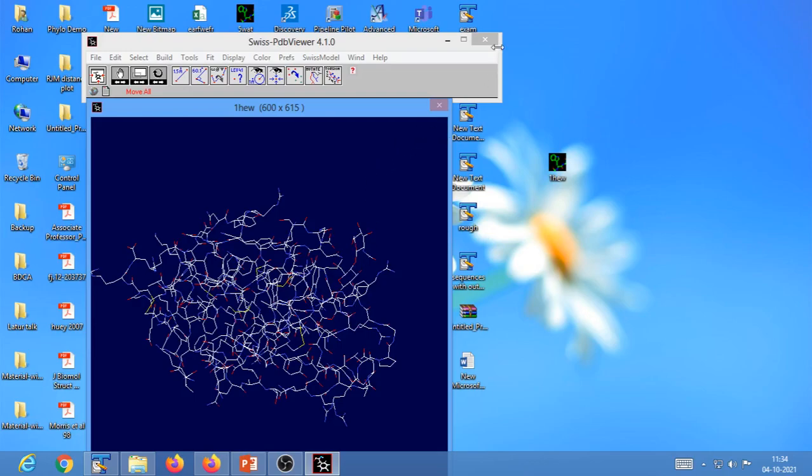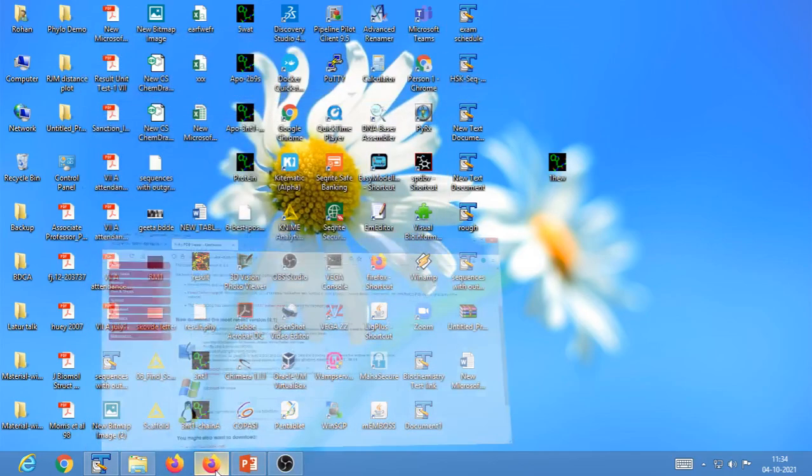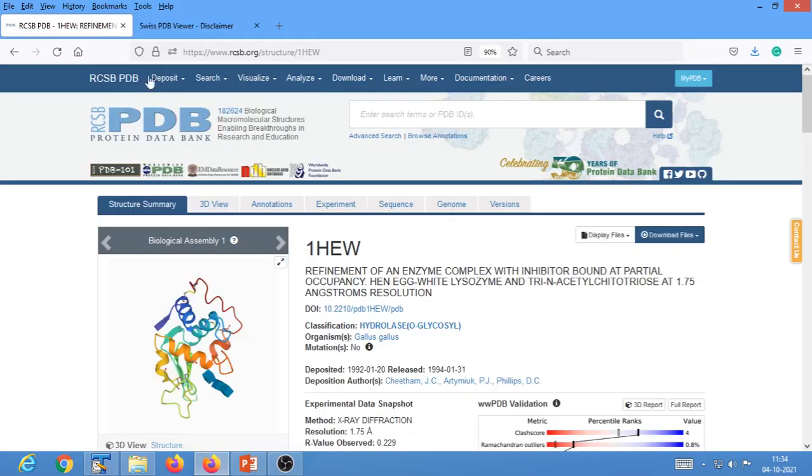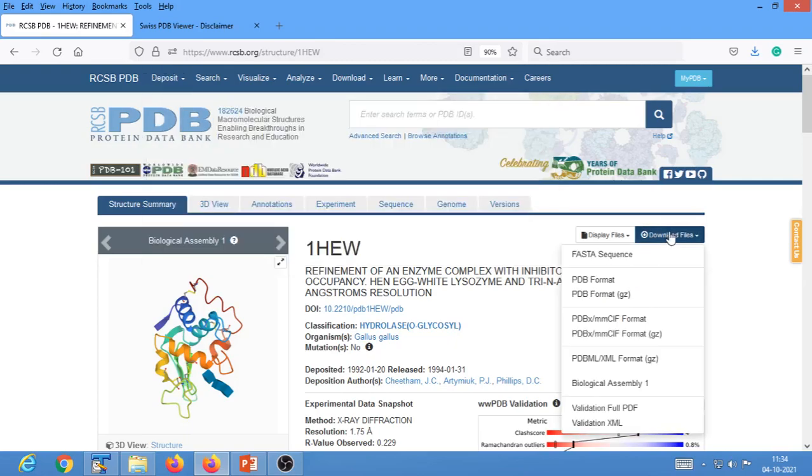Okay, so now, if you recall, we have downloaded our protein structural information in text format. Okay, so here is what you can download from here. We have downloaded that structural information in text format.